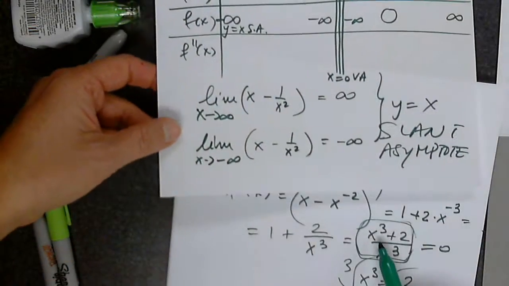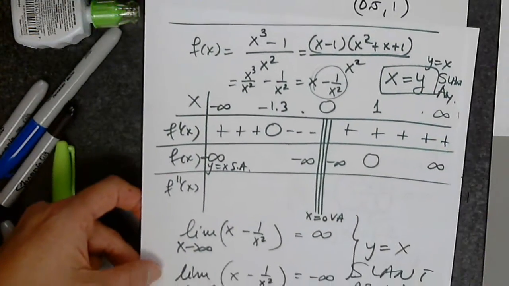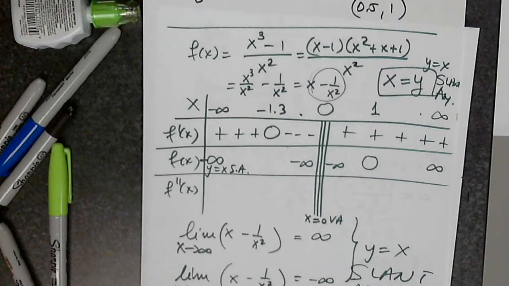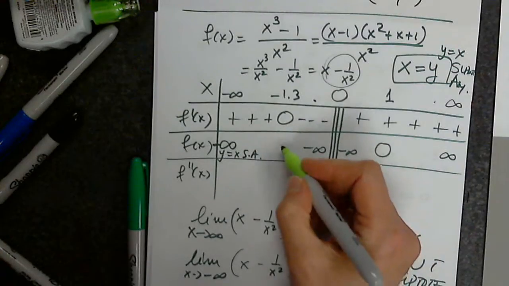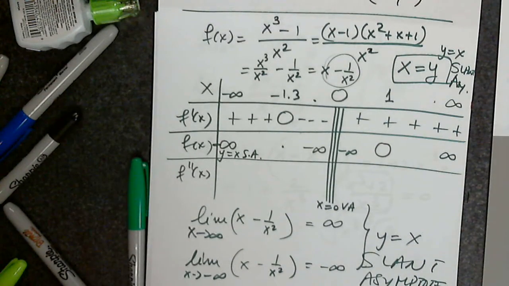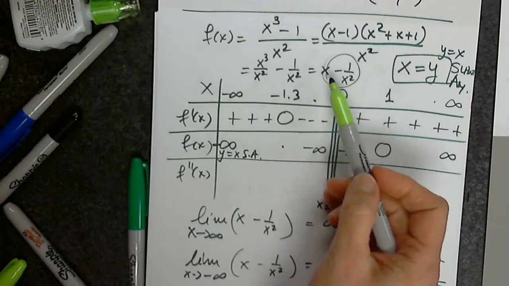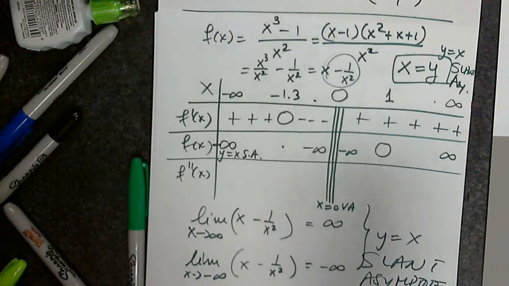Now I'm plugging in 1, positive. I have to find this number here. So I have negative 1.3 minus 1 divided by 1.3 squared. Got negative 1.9.